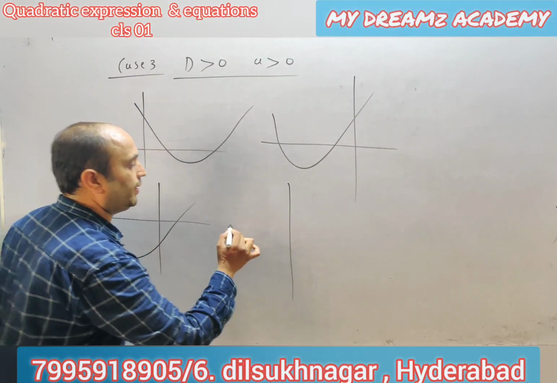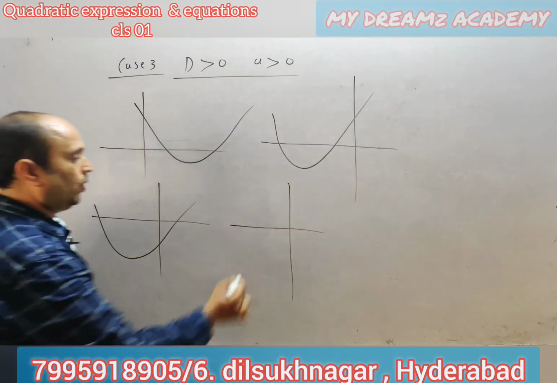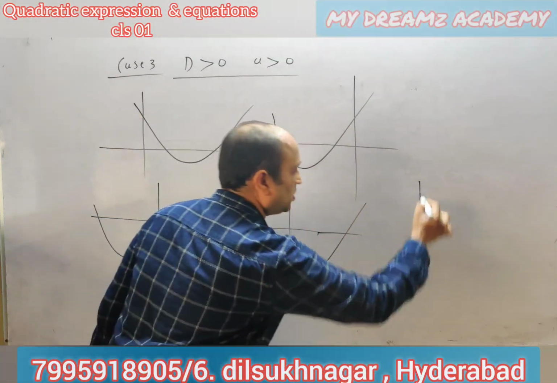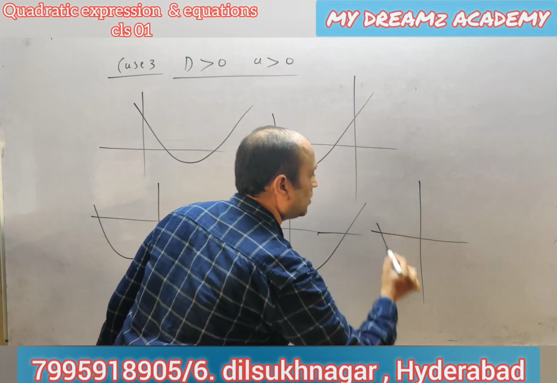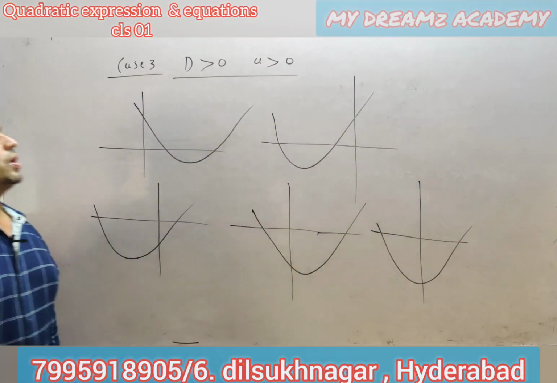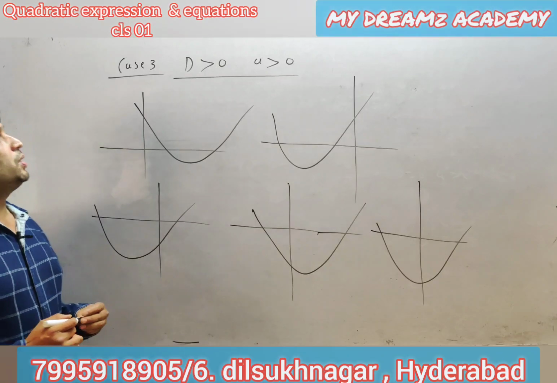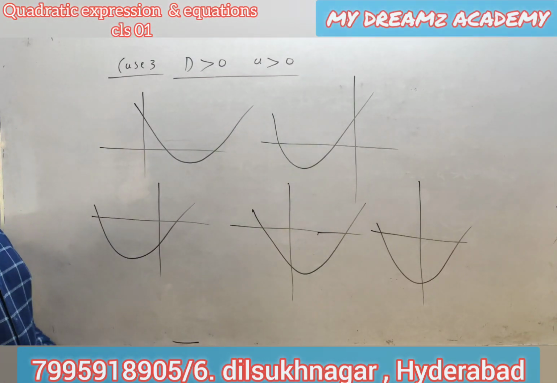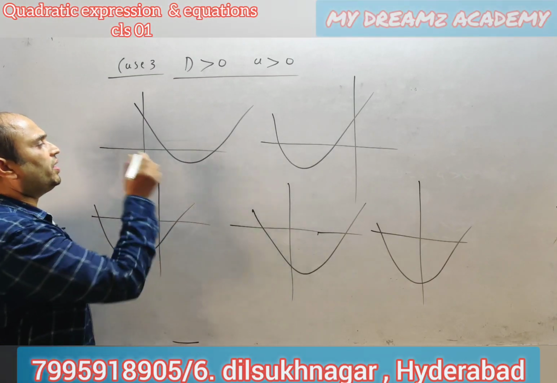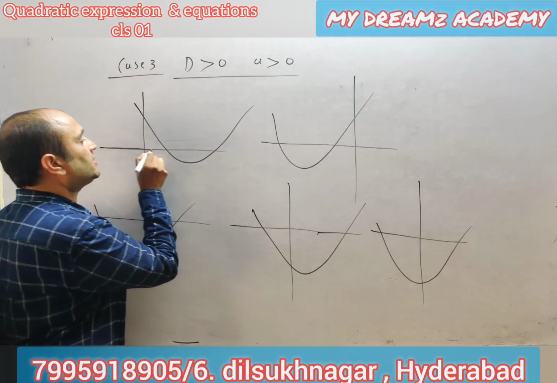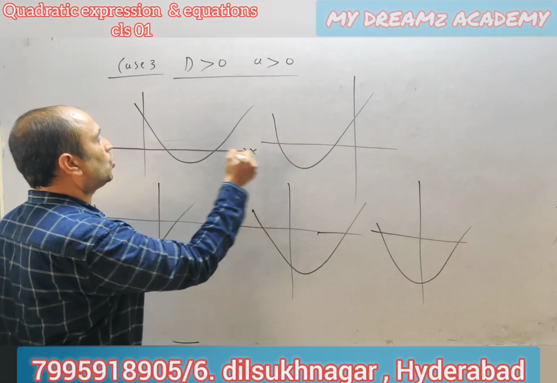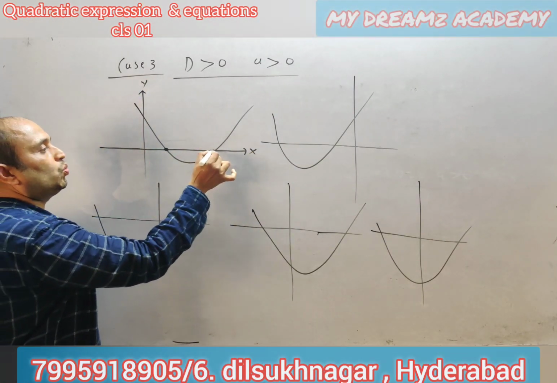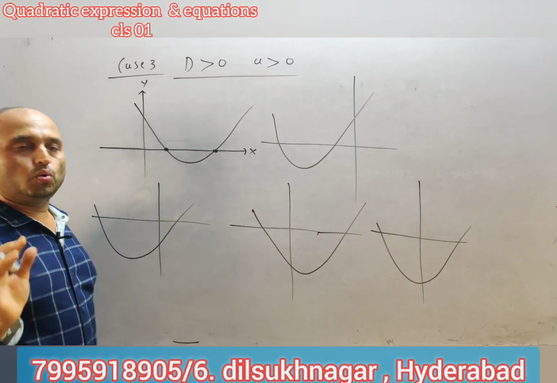These are the different cases when the discriminant is greater than 0 and a is greater than 0. Already we know that if the discriminant is greater than 0, we will get the two roots. This is the x-axis, y-axis, and these are the two roots.